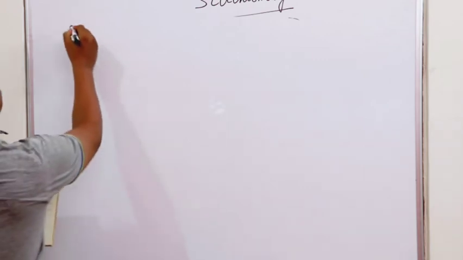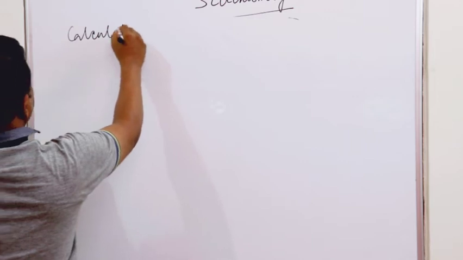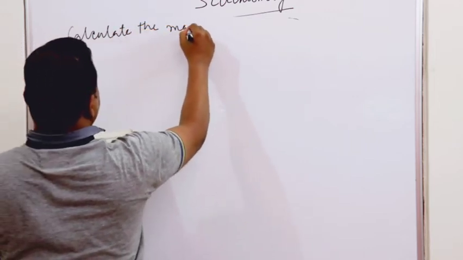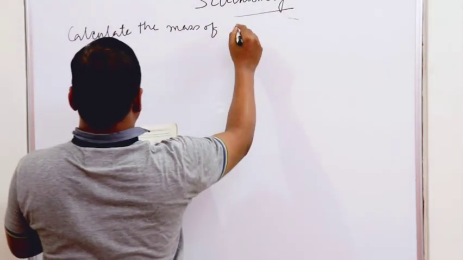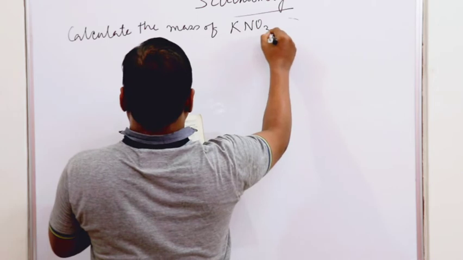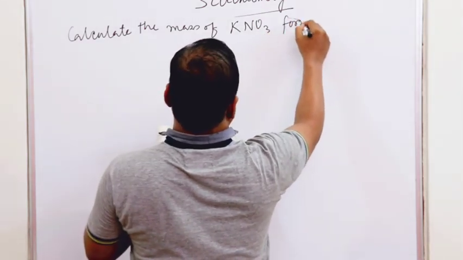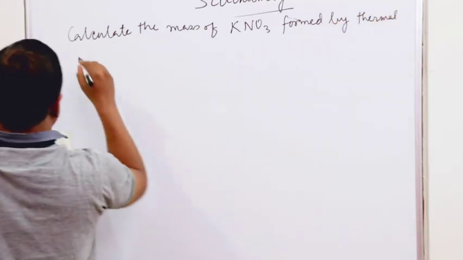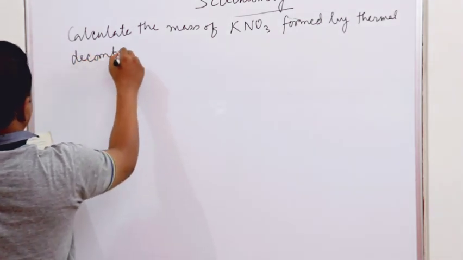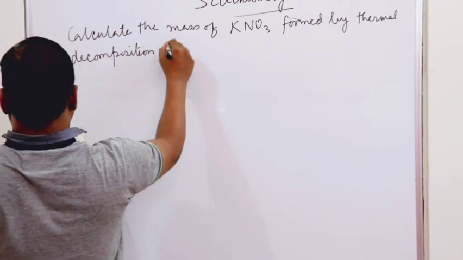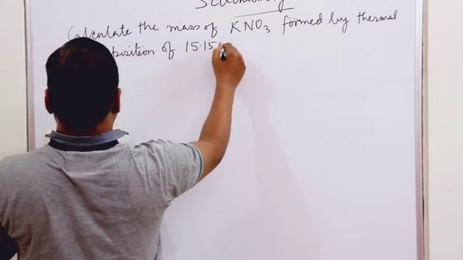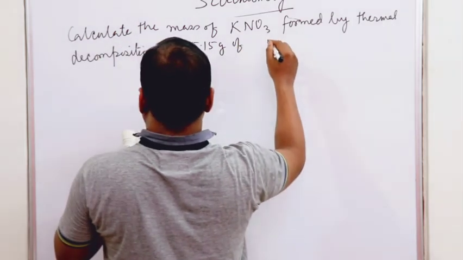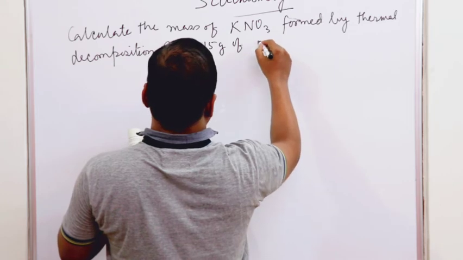Let me see another question. Calculate the mass of potassium nitrite, that is KNO2, formed by thermal decomposition of 15.15 gram of potassium nitrate.